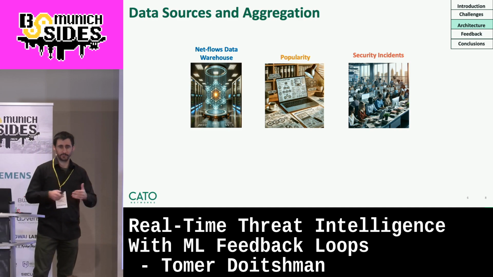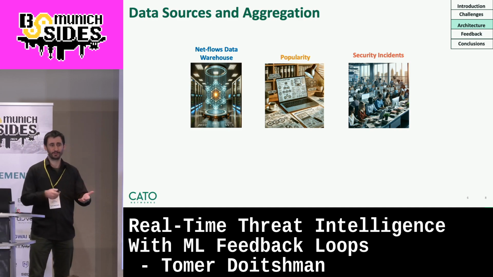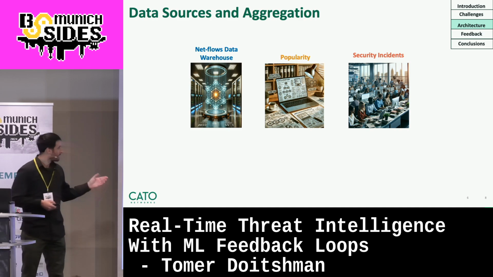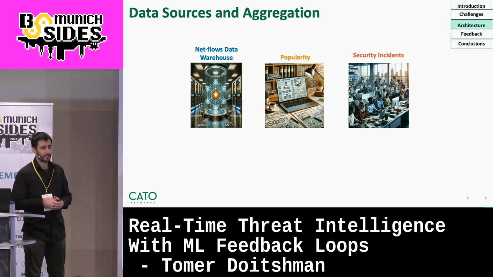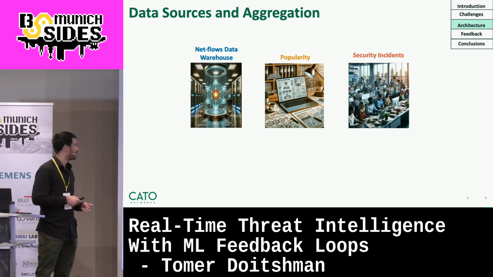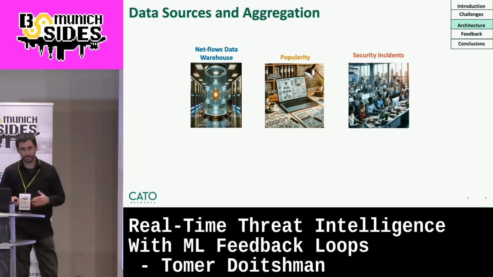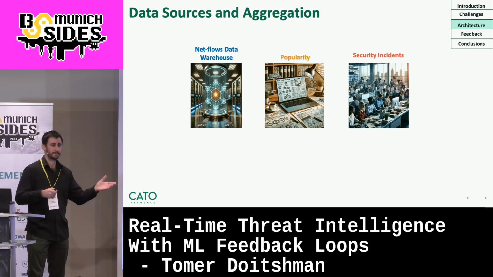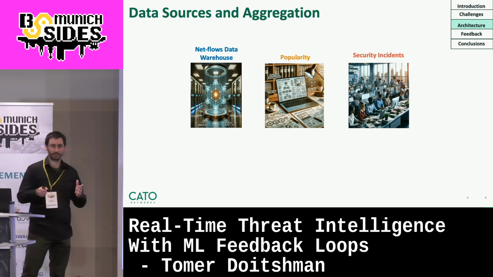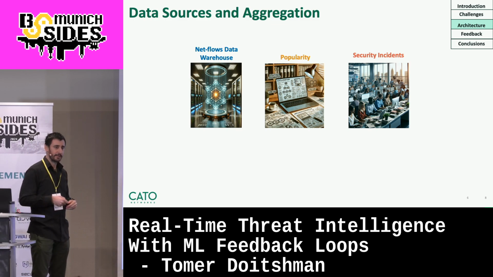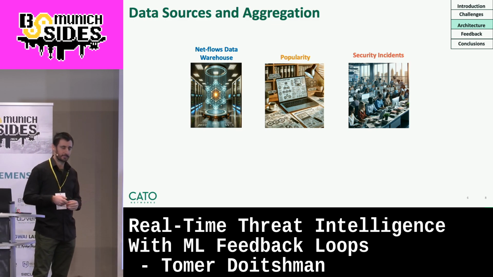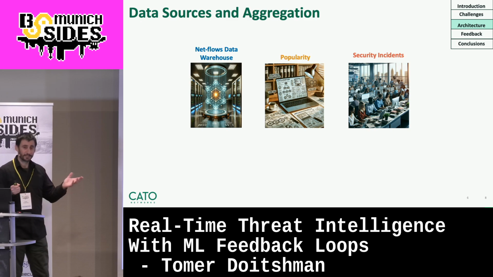Since we are a SASE company, we see all the network, all the requests of our customers to the internet. And we can understand quite clearly what communication to an IOC looks like. Communication to a C2 server most of the time looks a bit different than communication to a well-known website. And based on this data warehouse, we can understand many insights about the potential IOC.